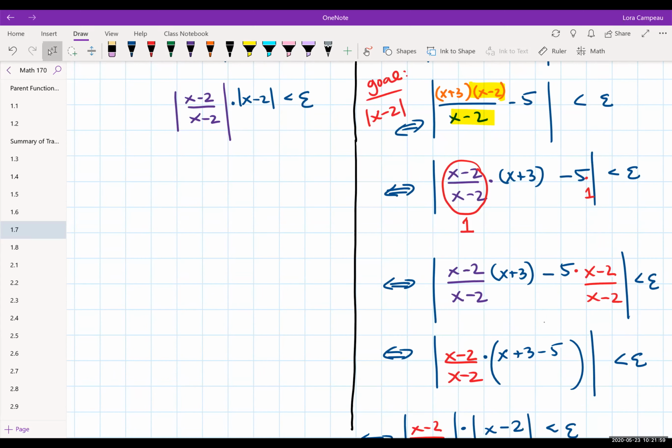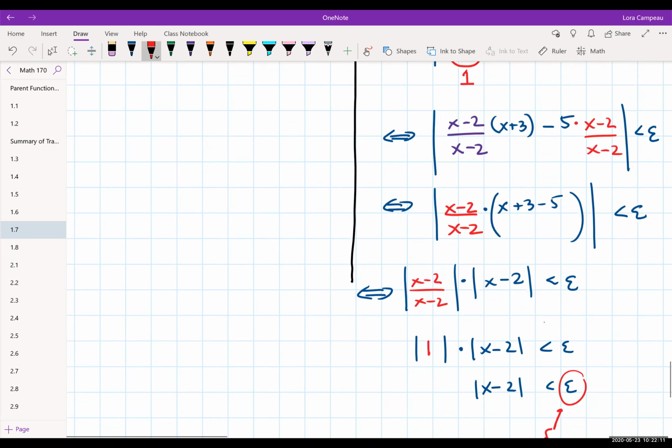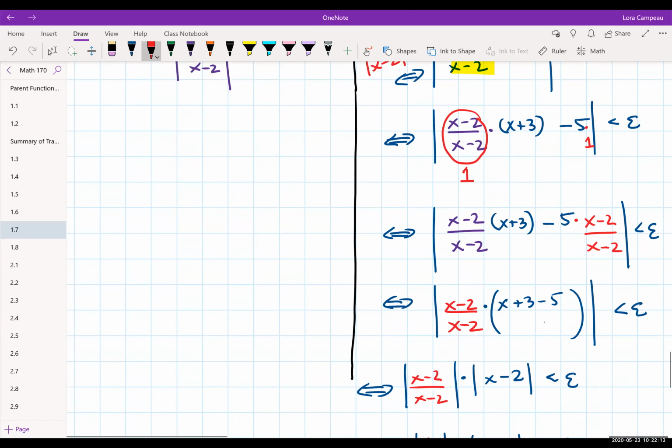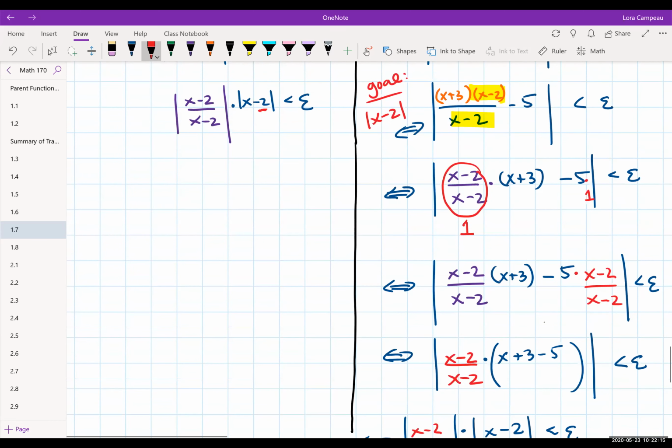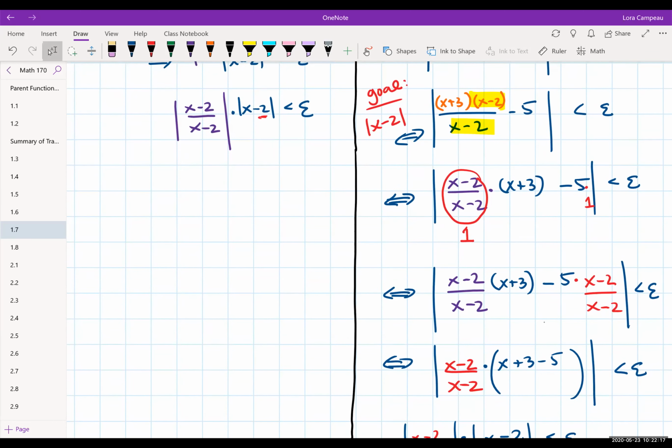And this is where it justifies that we don't always have to start off with the x minus 2. We can rewrite this. This 2 part right here wasn't like that earlier. It was actually rewritten so that it was x plus 3 minus 5. So there's a couple ways we can go.